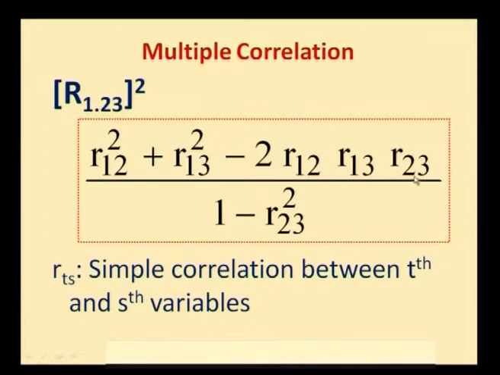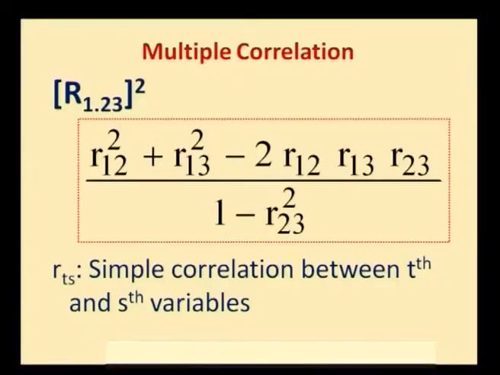Of course, 3 2 is not necessary, because the correlation between x 2 and x 3 is the same when you swap the variables. Therefore, that is not a big problem. So, r 2 3 is enough. So, we will calculate the simple correlation, which is nothing but Karl Pearson's formula. So, symbol wise we prefer capital R for multiple correlation and small r for simple correlation between the pairs.